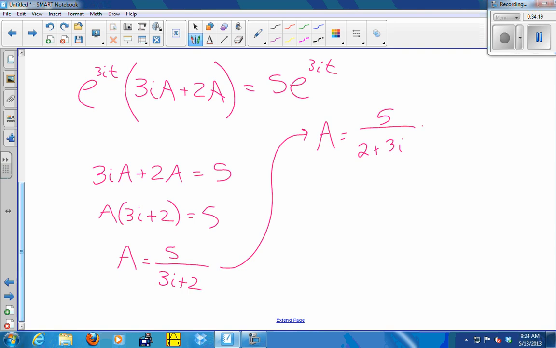I'm going to multiply the top and bottom by 2 minus 3i. So this becomes 10 minus 15i. And when you FOIL the bottom, all the i's go away. That's the whole idea: because i squared is -1, the outer and the inner cancel, and then the last gives you an i squared, which is just a real number.